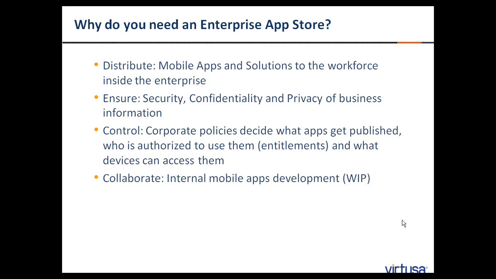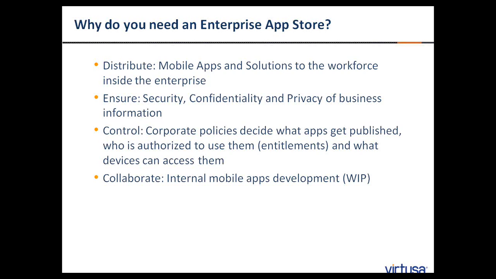Since the applications they are distributing are in-house applications for the most part, or they could be beta applications or new applications which are not yet in the public app store or the marketplace, they should not be available over the internet or in the public app store.